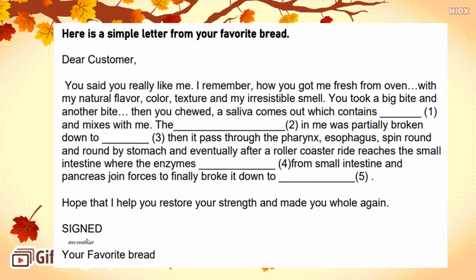Then it passed through the pharynx, esophagus, spun round and round by the stomach, and eventually, after a roller coaster ride, reaches the small intestine, where the enzymes from the small intestine and pancreas join forces to finally break it down to blank.